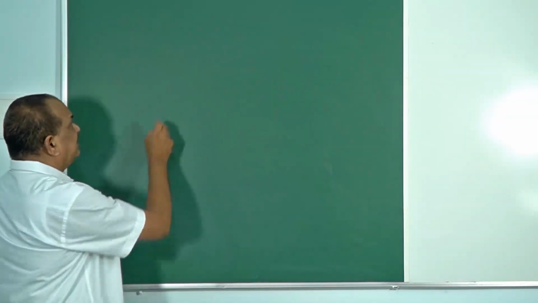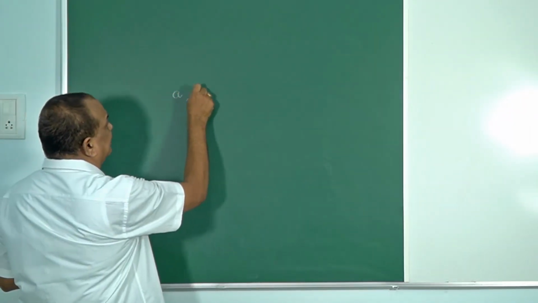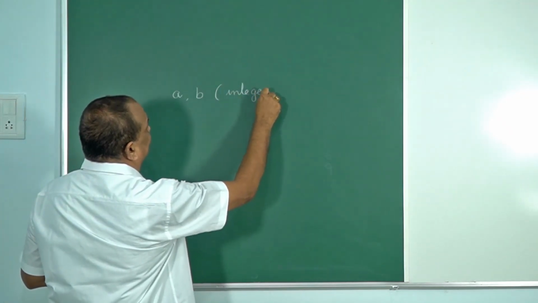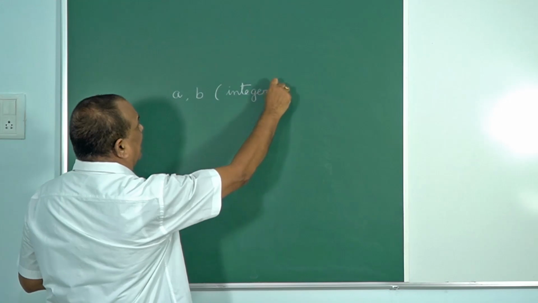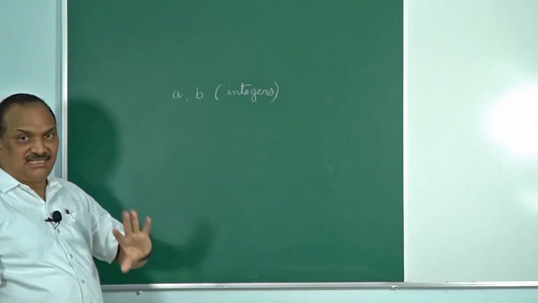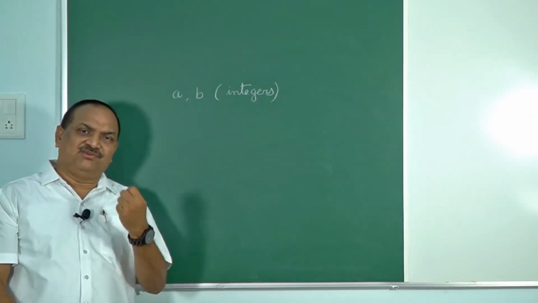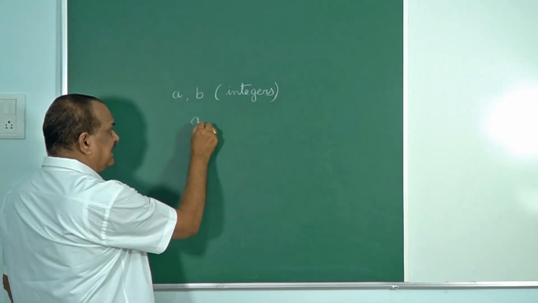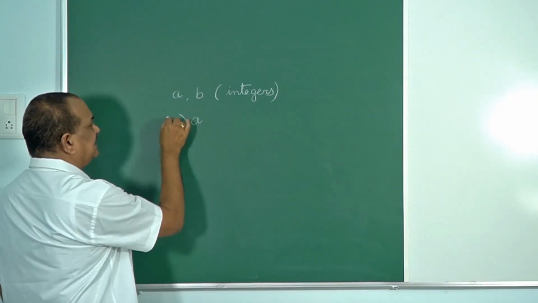These are the integers given to me, and I go with an assumption that A is larger than B. It's only an assumption. You can pick whichever is larger. So assuming that my A is larger, A is divided by B.